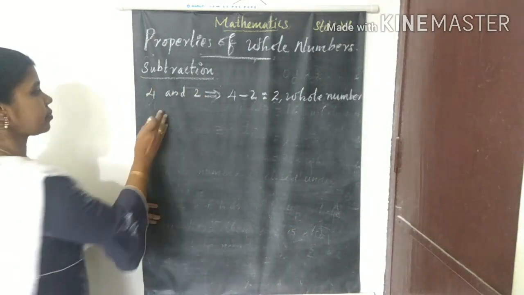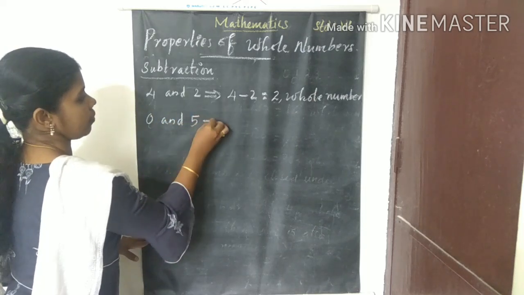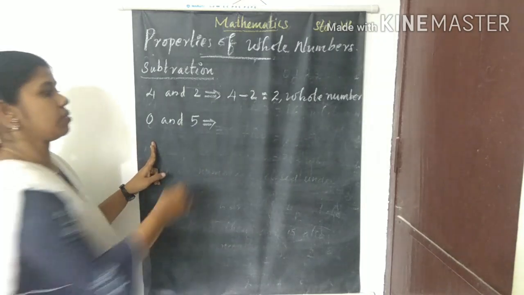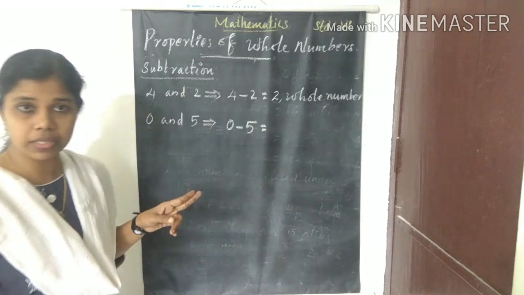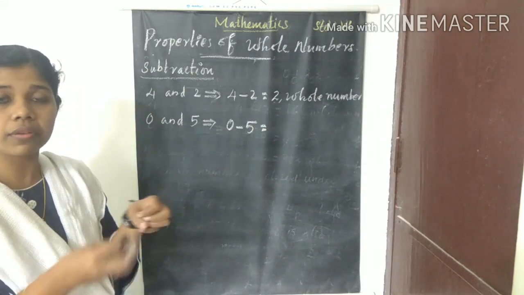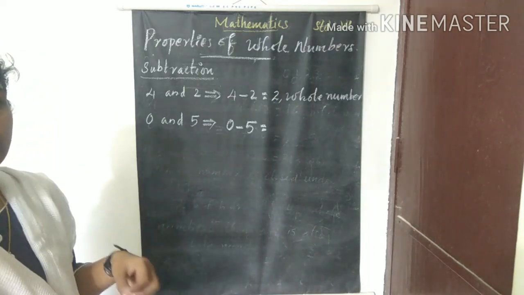Then second, I take 0 and 5. Now subtract 5 from 0. So 0 minus 5, what is the answer? 0 means nothing. Nothing minus 5, taken away.